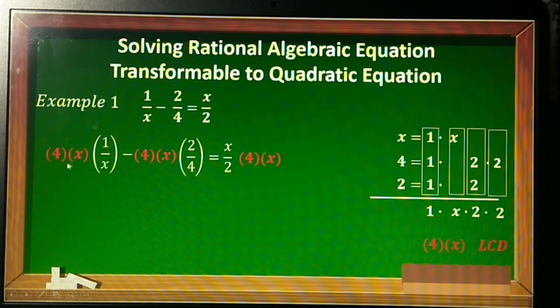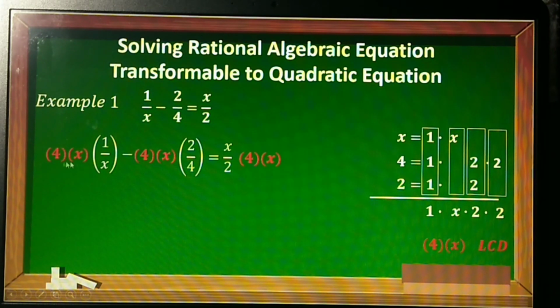Okay, to multiply 4x times 1 over x. So, ang gagawin muna natin ay ika-cancel natin yung common dito sa LCD at saka dito sa denominator. So, dito, ang common dito ay x at saka x. So, ika-cancel natin yan. At yung natira ay 4. So, yun yung i-distribute natin dito sa 1. So, 4 times 1 is equals to 4.